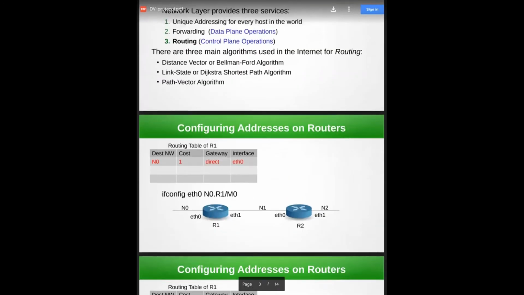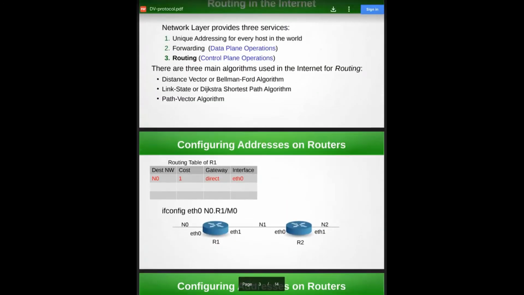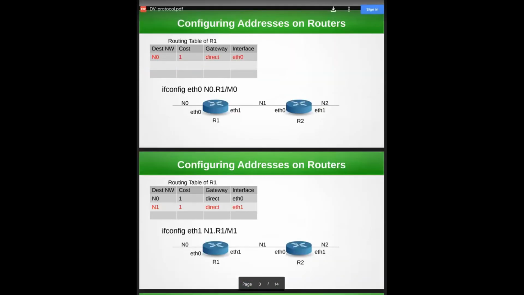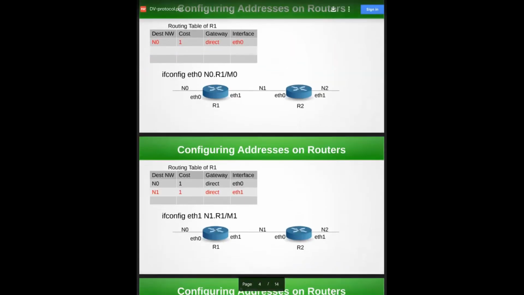We have already seen this, but just as a recap, I want you to see again that when we configure an IP address on the router, it creates an entry in the routing table. So we are configuring IP addresses on ETH0 and ETH1, bringing in the necessary directly connected entries in the routing table.